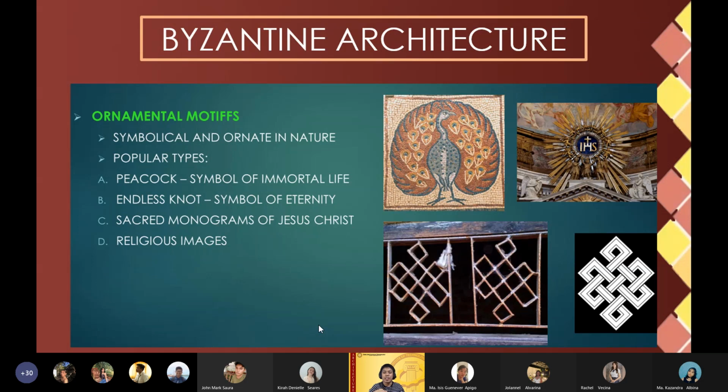I think there's a period wherein they were not allowed to have statues, so what they did was create mosaics, paintings, and murals, mostly in fresco type. Fresco means the plaster is still wet: you plaster your wall, and while it's still wet, they paint right away. That's what you call fresco.